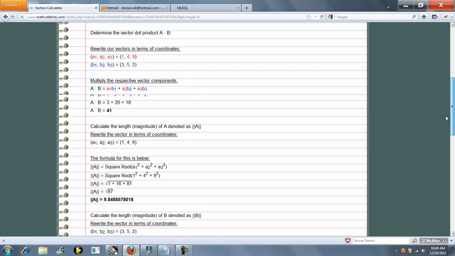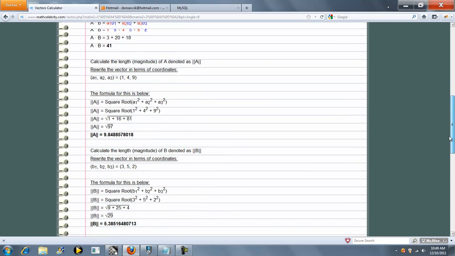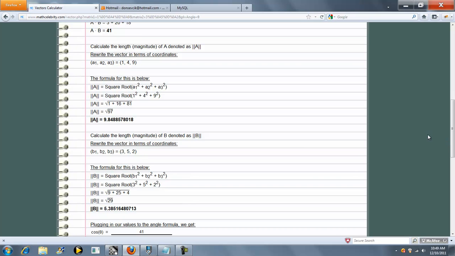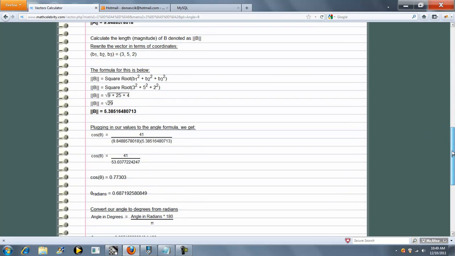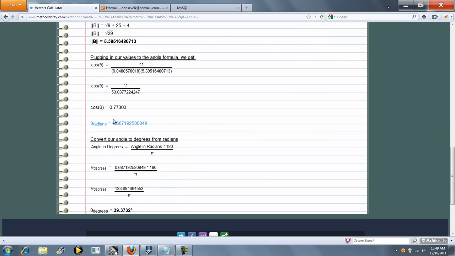And then we calculate the magnitude of A, which we did on the magnitude of A button. Magnitude of B. And then we set up our formula. Dot product divided by the product of the magnitude of A times the magnitude of B. We get our angle in radians, and then we convert to degrees, and here's your angle.